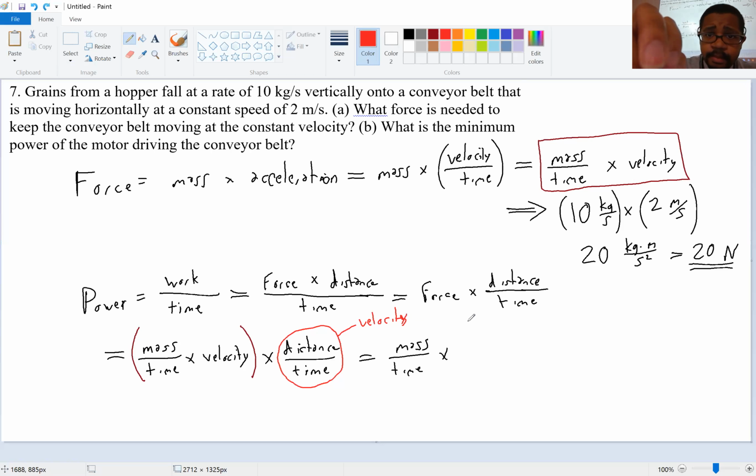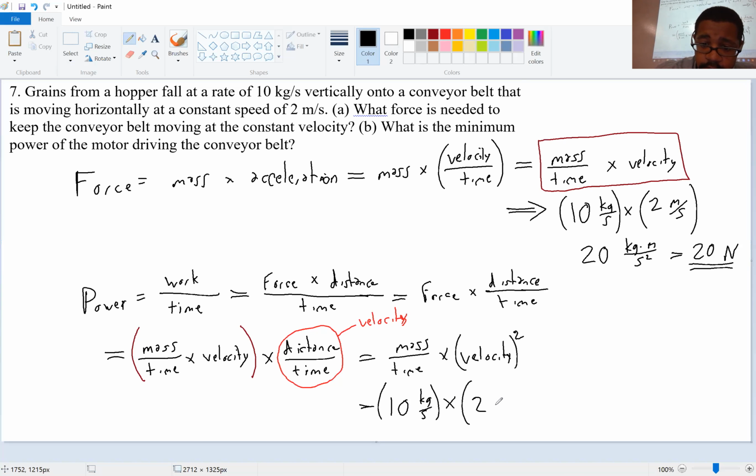So if you plug in the numbers here, we got this part, which is 10 kilograms over a second, times velocity, which is 2 meters per second.